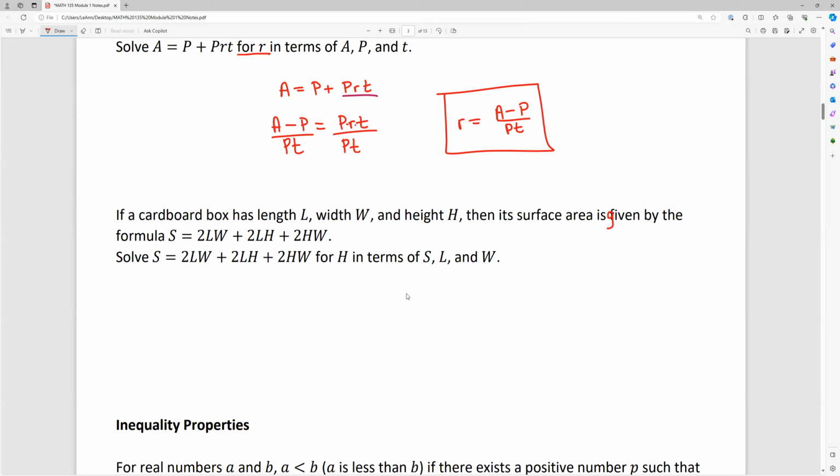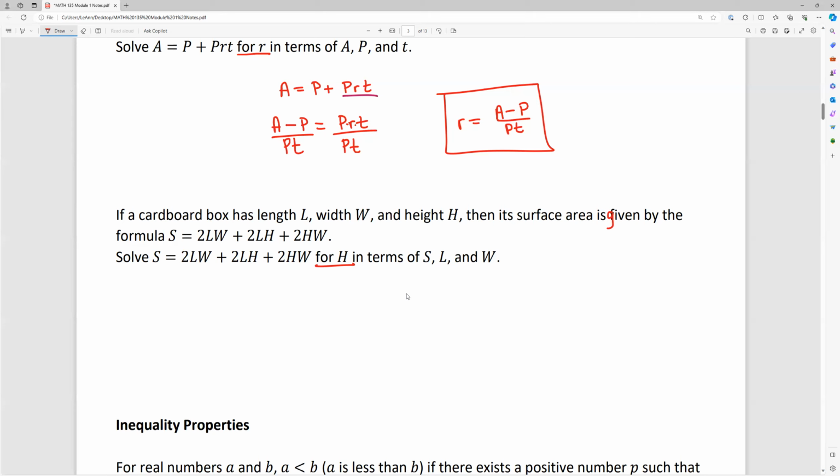So surface area equals 2 times the length times width, plus 2 times the length times the height, and then plus 2 times the height times the width. So that's those different pairs of those sides of the box, okay? We're going to take that formula and solve it for H. So the other side's just going to have the variables S, L, and W. Note, they can also have coefficients, that's fine, but you can't have an H on the other side.